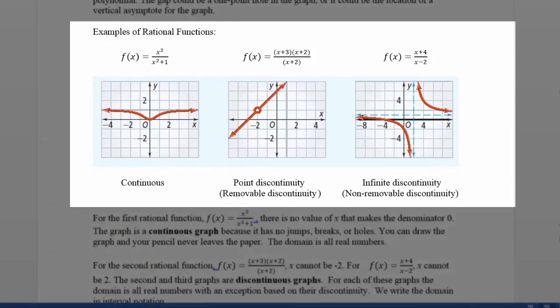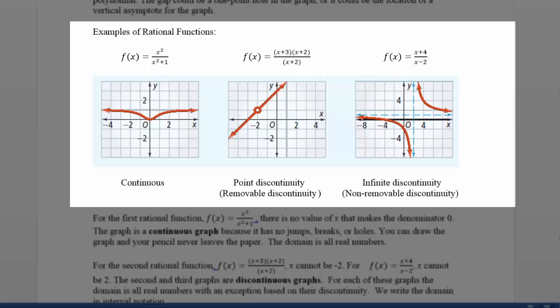In this first one, you can see it's a continuous function, and the way we know that it's a continuous function is if you look at the denominator, x squared plus 1, if there is no number that would make that equal to 0, then there's no place that the rational function is going to be undefined.